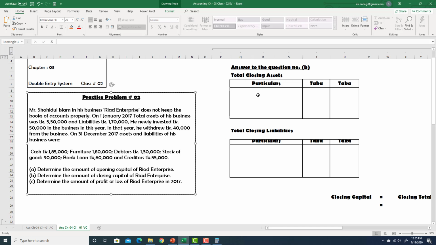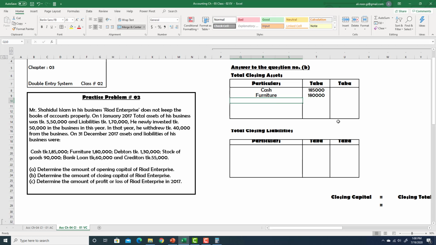Right here, write cash taka 1,85,000. Then write furniture taka 1,80,000.